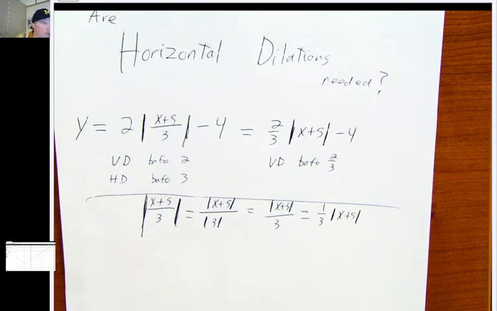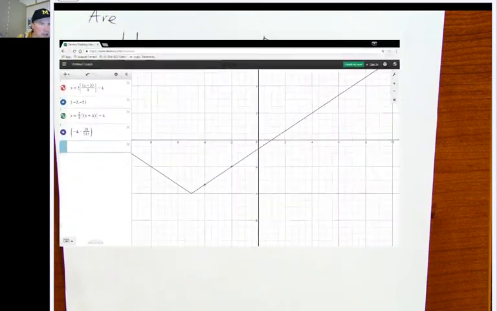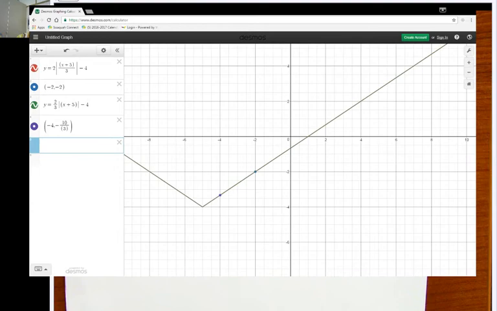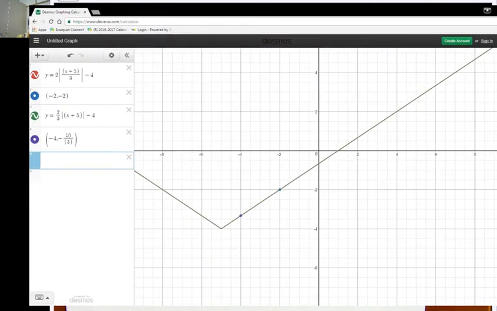This is kind of interesting, I thought. So I actually put these two graphs on Desmos. Let's take a look at this. Over here, I graphed that first equation I told you about. The only thing up here right now is this red graph.